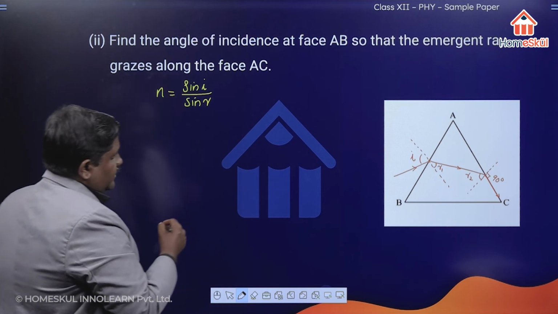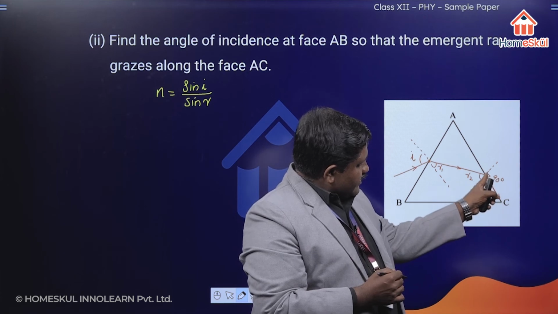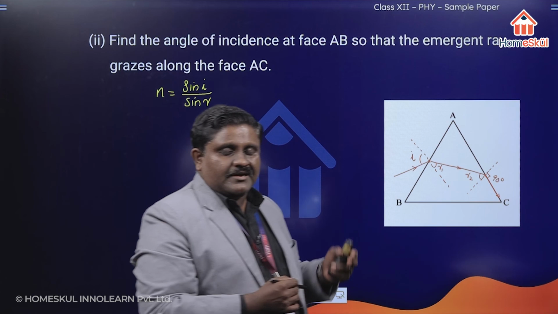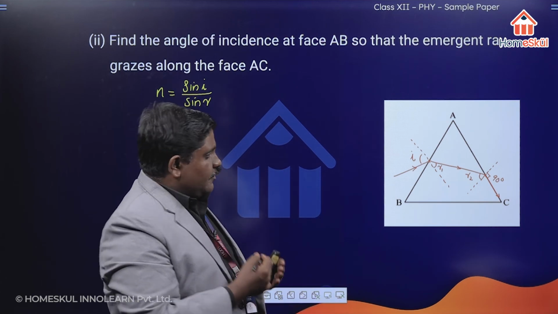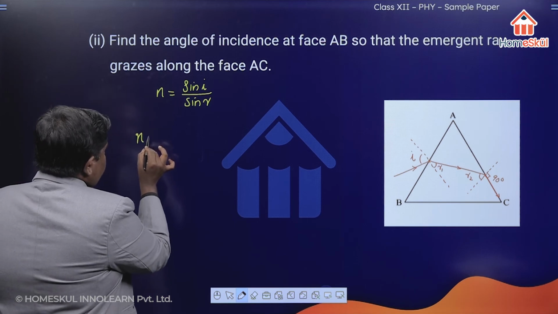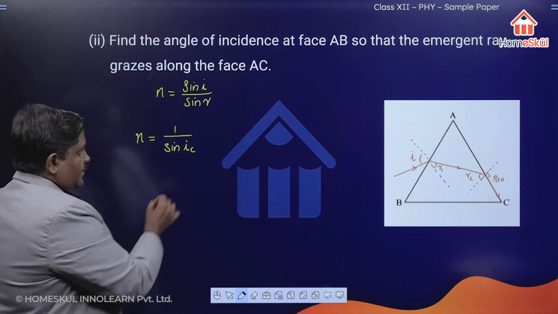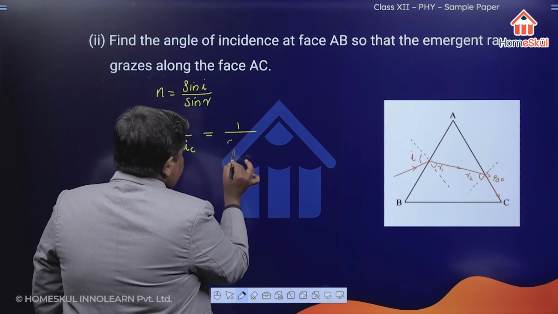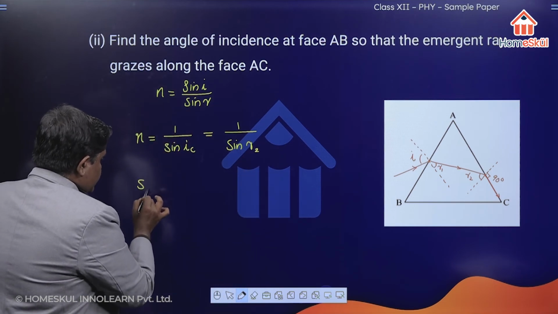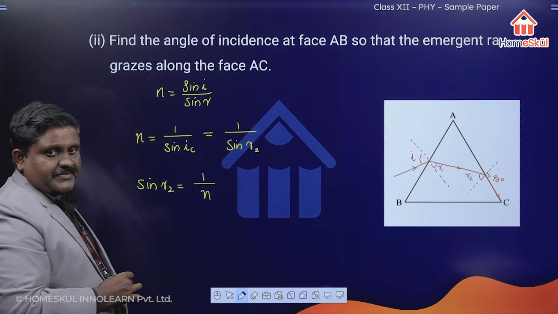For that, see here this refracted ray makes an angle 90 degree. So this R2 we have to consider as our critical angle. For that, we have to use the formula n is equal to 1 by sine IC, here that is equal to 1 by sine R2. Therefore sine R2 is equal to 1 by n, isn't it?